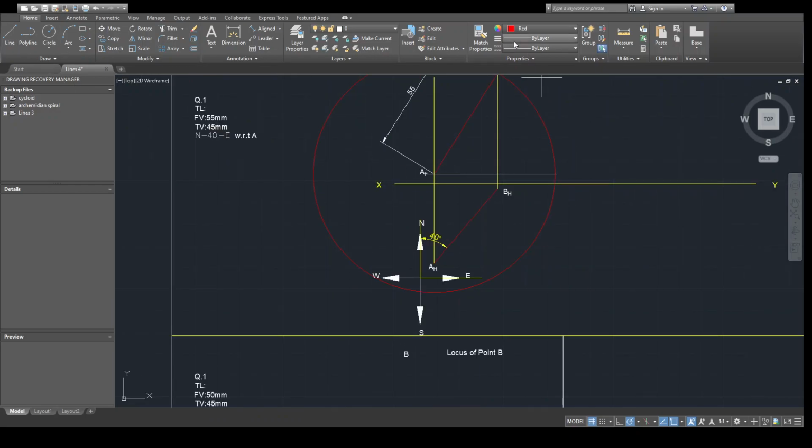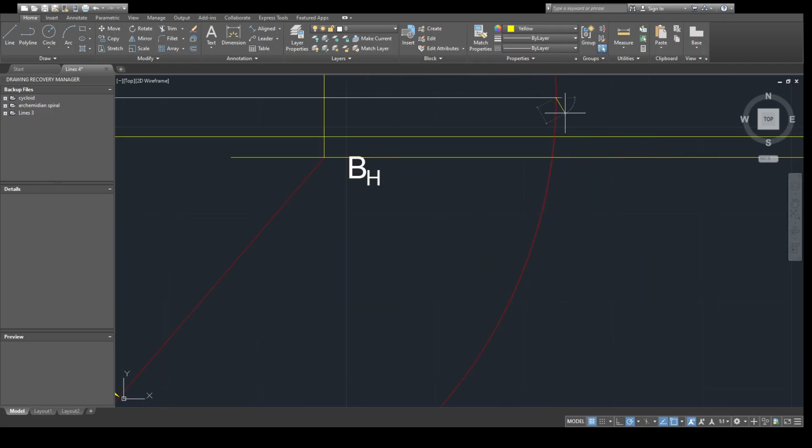Now from this point I will draw vertical projections down up to locus of point B in case of top view. Obviously this has to be a perpendicular line.